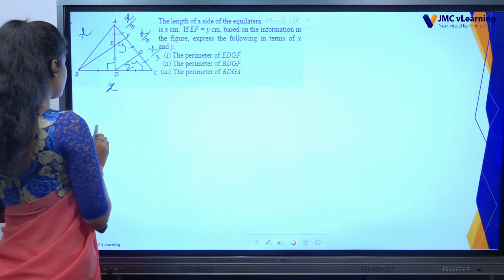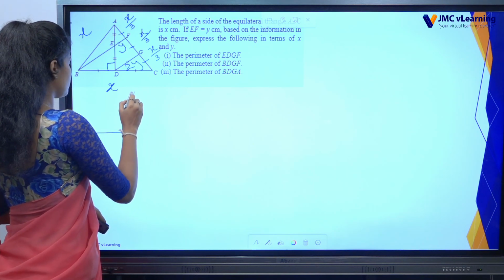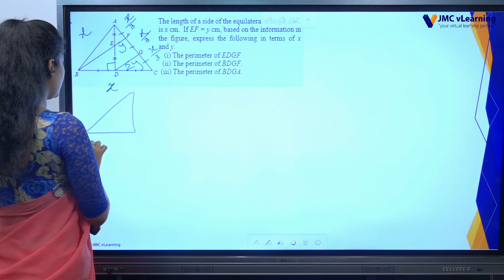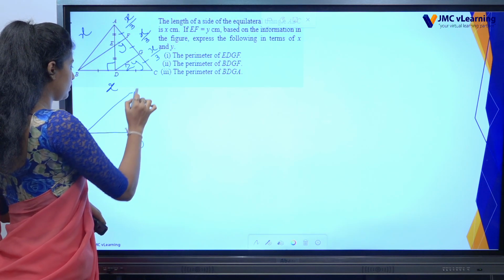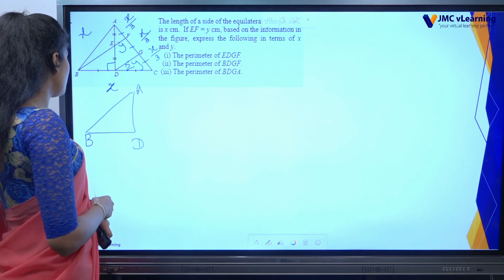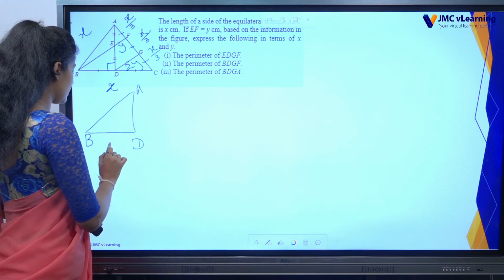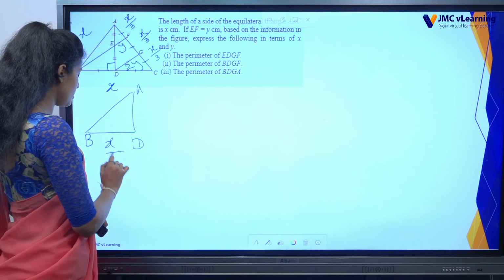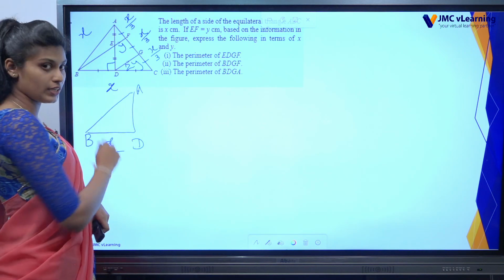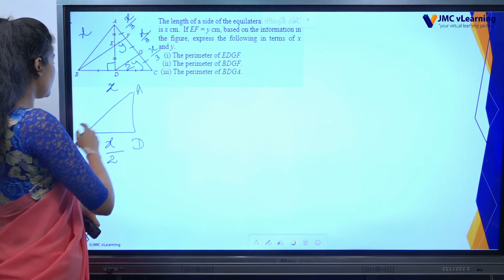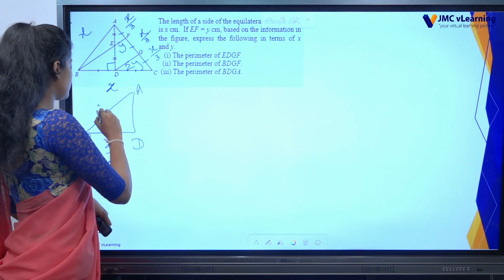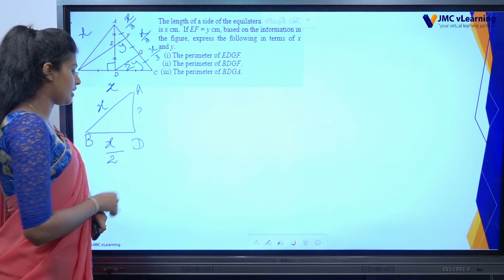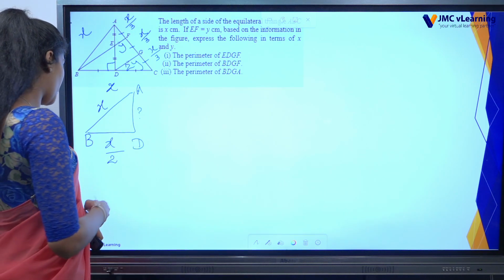Then let's take the angle BDA. Here the BD length is x divided by 2 because it is half of the length, and we know the length of AB, it is x. We have to find the length of AD.